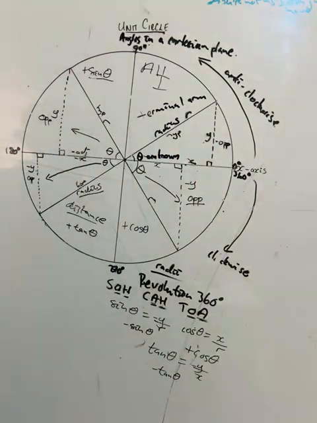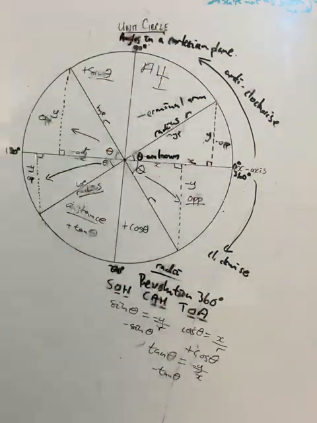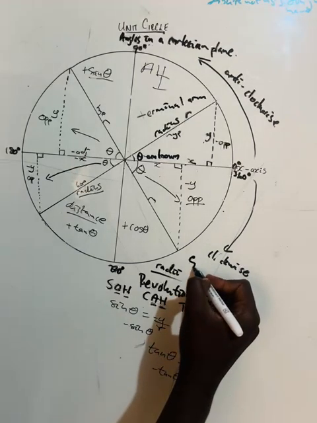In the next video, I'm going to tackle some questions where you're asked to calculate without using a calculator. They will give you some values and want you to use this system to determine whether the ratio is positive or negative. This work is also important for those who are doing grade 11 and 12.